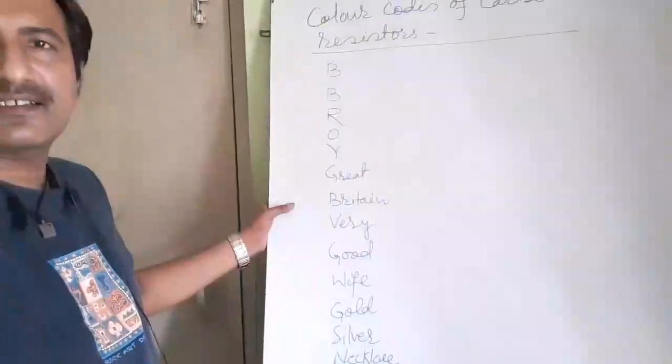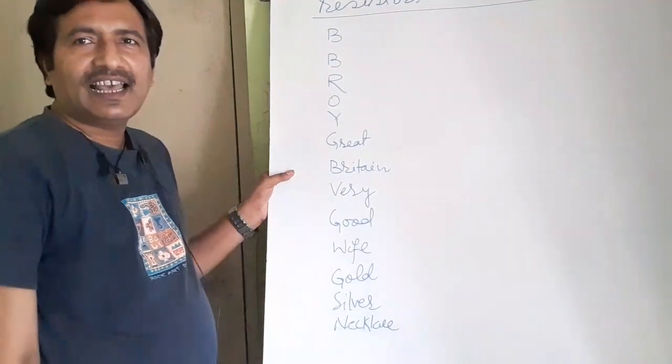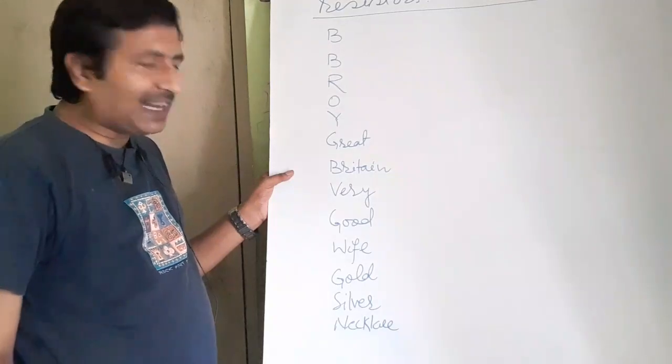Gold silver necklace. B.B. Roy of Great Britain has very good wife with gold silver necklace.